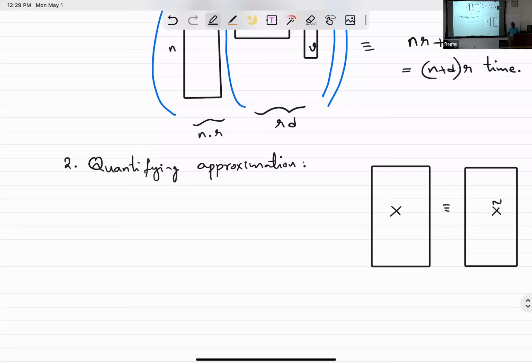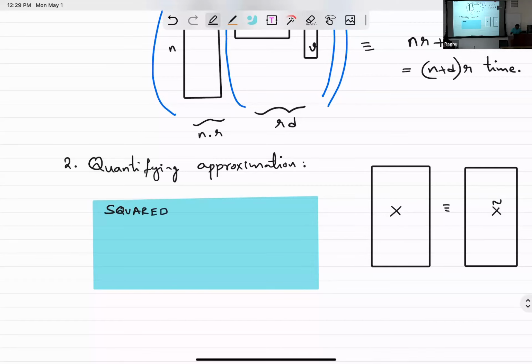You have various kinds of loss functions you can define, and by and large, the most used one is the squared loss. So we'll again think of the squared error, really the RMSE, root mean squared error.